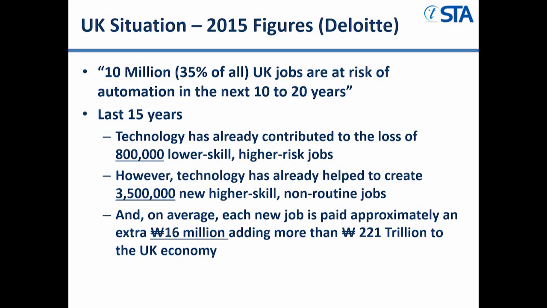And of course, as far as the economy is concerned, that then adds up to some, well, I find it difficult to imagine trillions, but 221 trillion won worth of extra money going into the economy. So if we look at this, we might think, actually, this isn't a problem. As long as we've got the right infrastructure in place, the right research and development, the right education system, then maybe we can cope with this fourth industrial revolution.